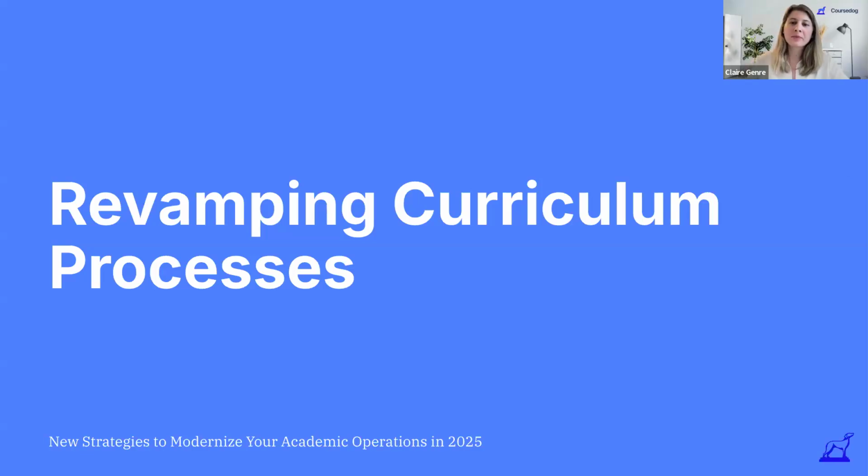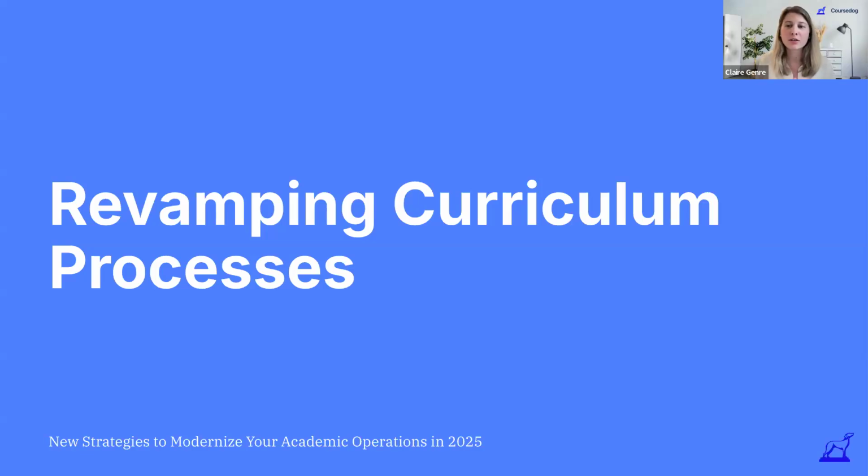Great. So we're going to start this journey by really looking at some strategies to revamp your curriculum processes specifically. Now, there's a lot we can cover here, from the curriculum approval process to syllabi to the course catalog. We could absolutely spend an hour on each of these individually.